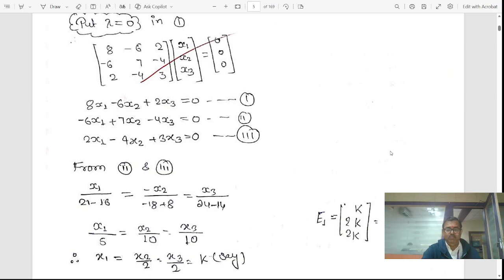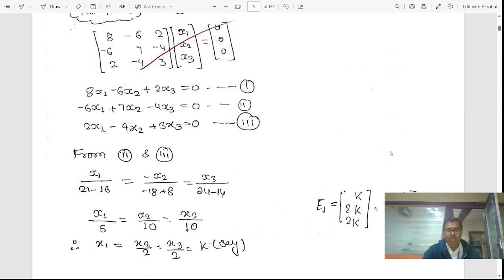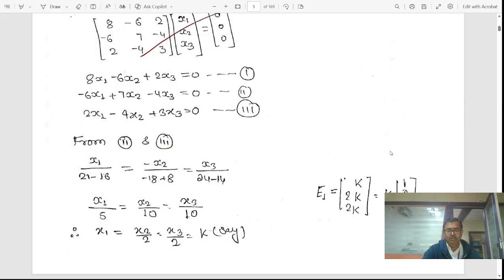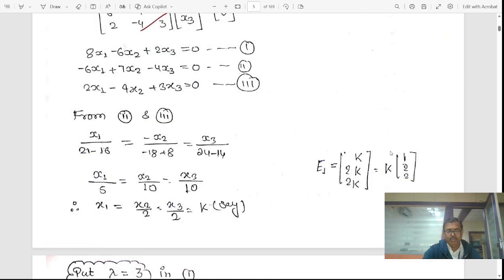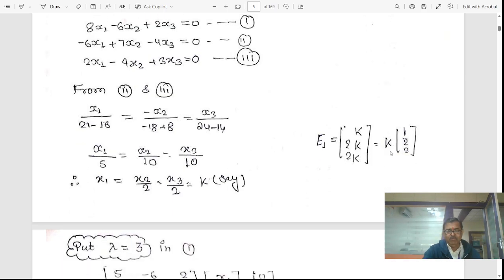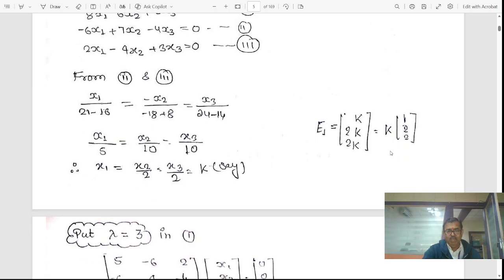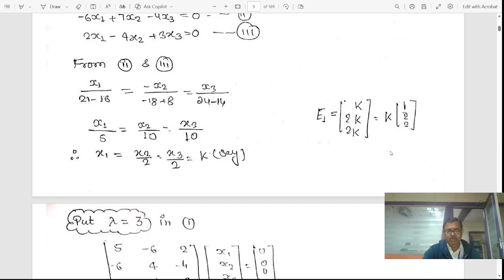Applying this formula, we get x1 upon 5, x2 upon 10, and x3 upon 10. It is a ratio, so we can write x1 upon 1, x2 upon 2, x3 upon 2, equal to k. Therefore x1 = k, x2 = 2k, x3 = 2k.